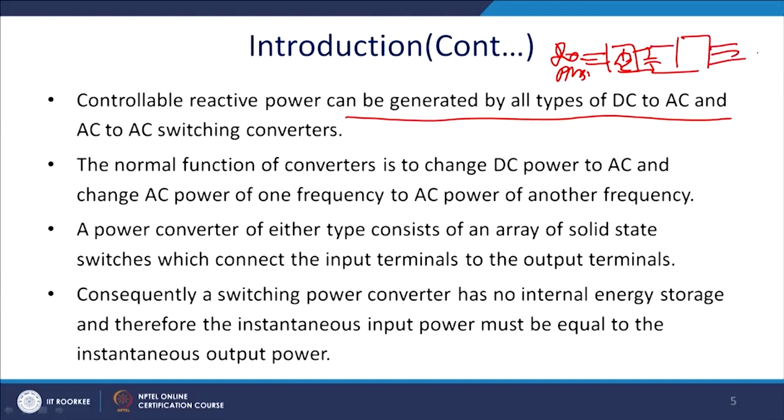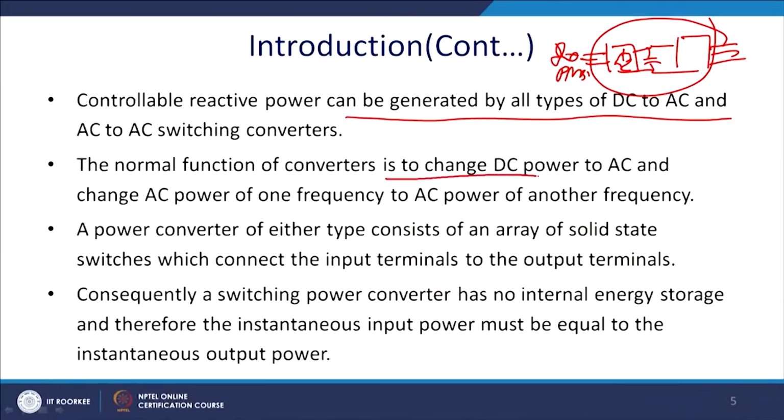So, for this reason there are all types of DC to AC and AC to AC switching converters. This task can be done by a matrix converter, which is an AC to AC converter. Here in this topology, it is converted to DC as well as AC. We will see how it has been done.